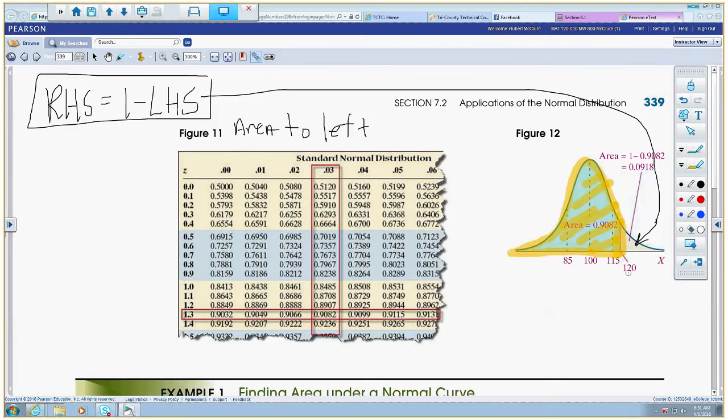Well, you turn it into a z-score. 120 is your score. 100 is your, what is 100? It's in the middle. What is the middle? Mean. And then what's the difference between 100 and 115? So that means your standard deviation is what? So z-score is equal to 120 minus 100 over 15.